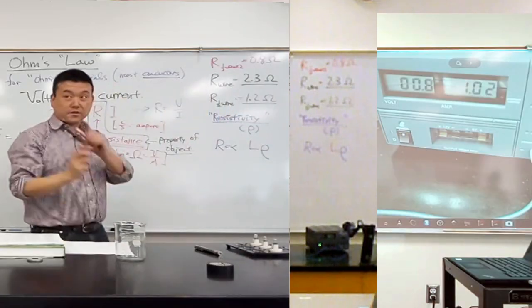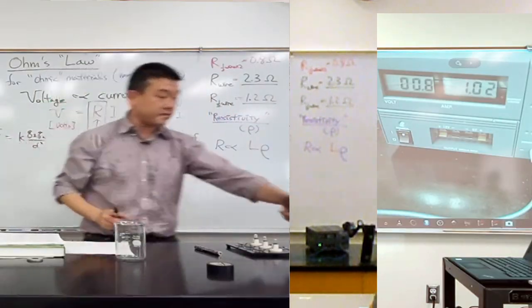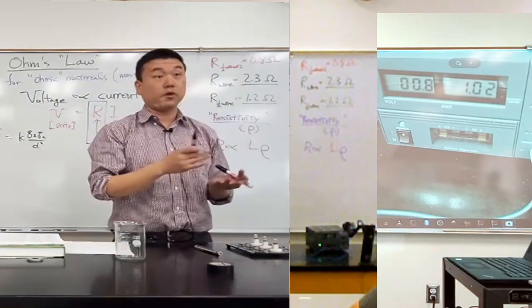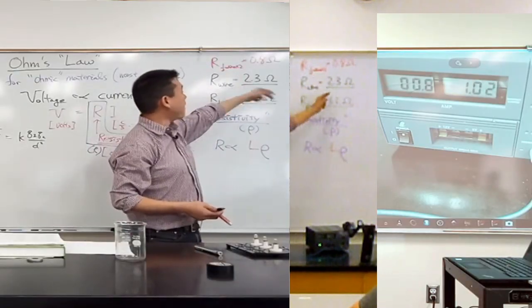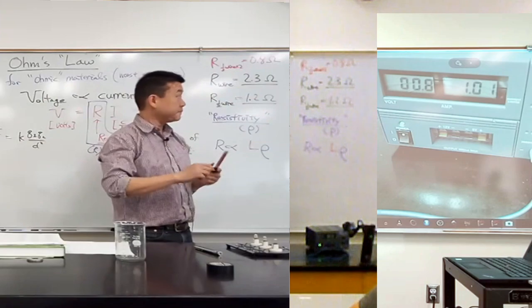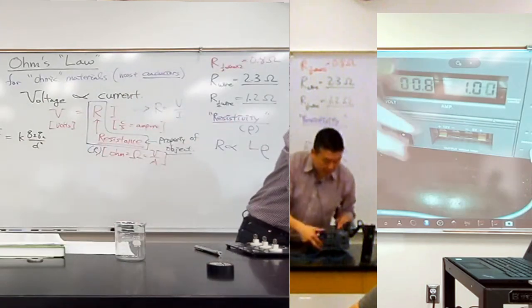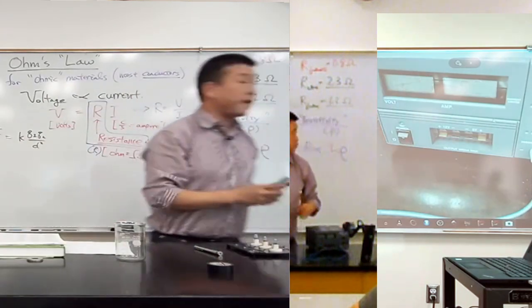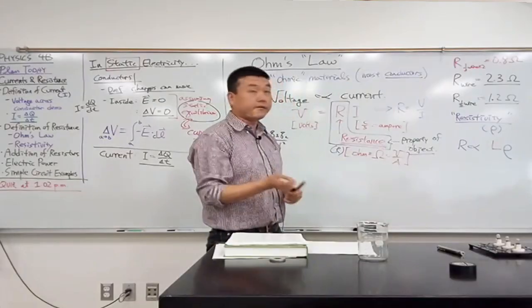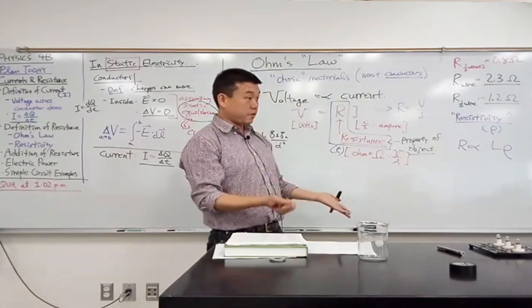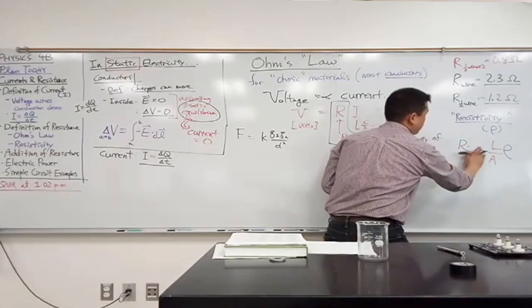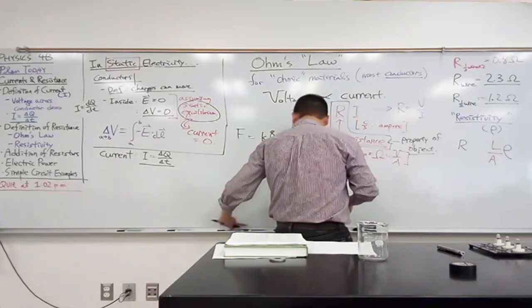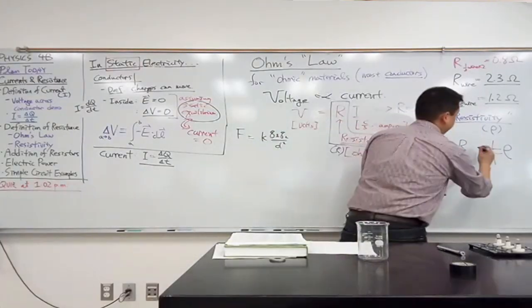If you imagine the number I was telling you before, that the resistance in the rest of the system is like 0.4 ohm, then using the same length, it went down by about half of what it was. So yeah, it's inversely proportional to the area. The larger the cross-sectional area, the smaller the resistance.